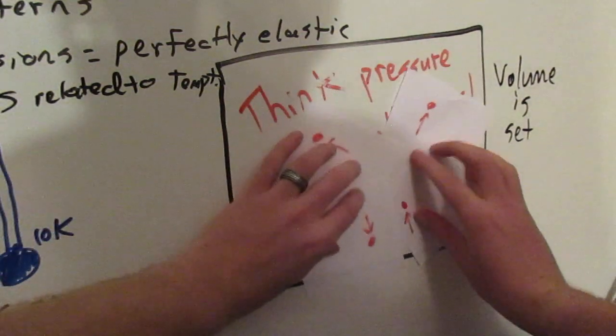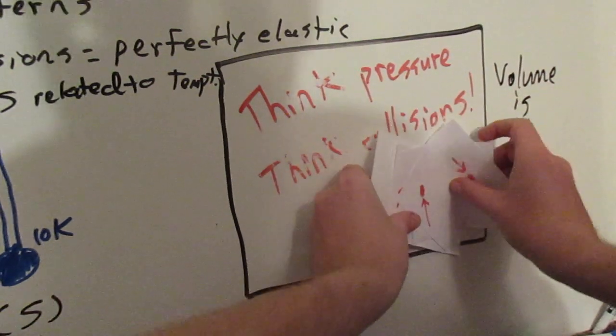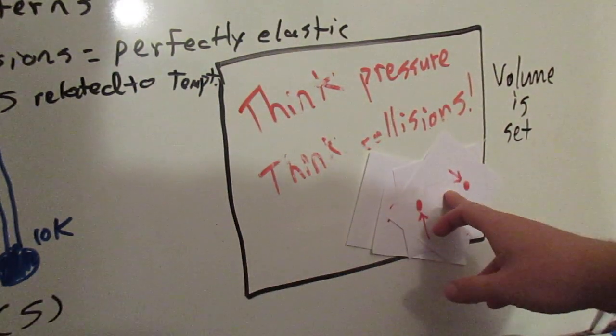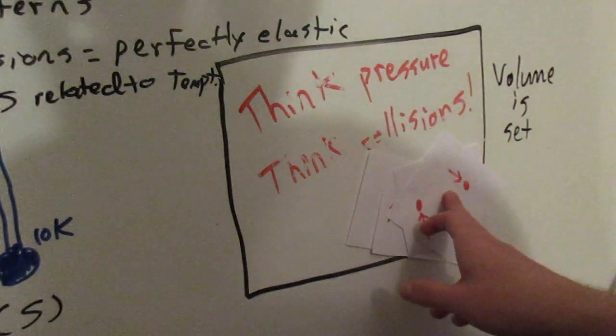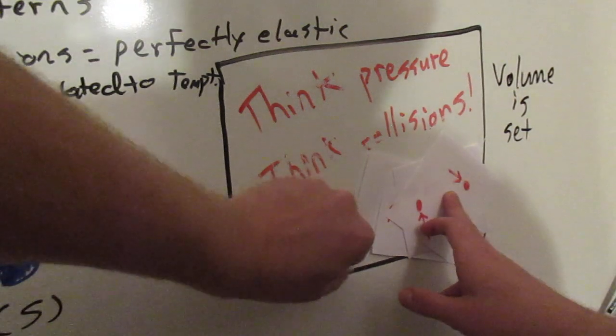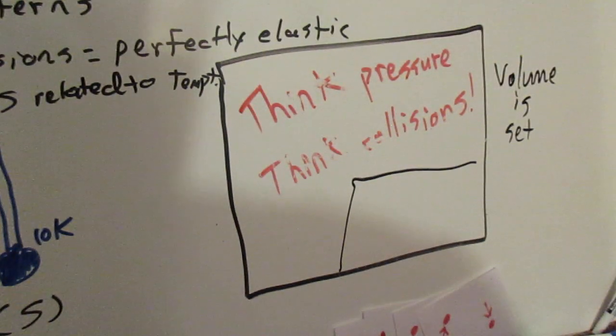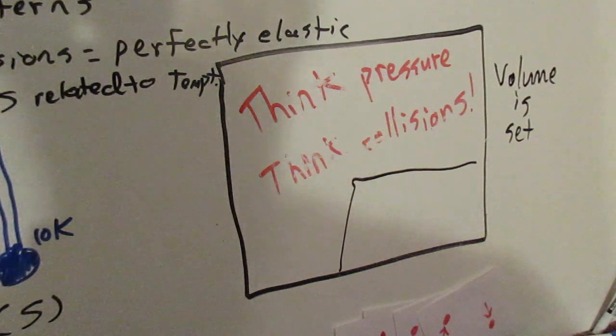Do I have space to fit all of these nicely in this corner? No, I wouldn't. And for that reason, they would hit each other a heck of a lot more.